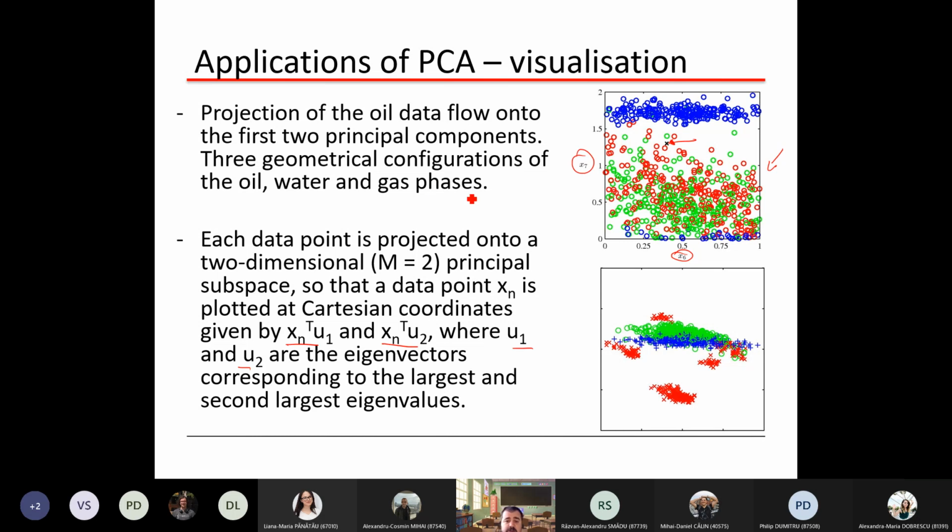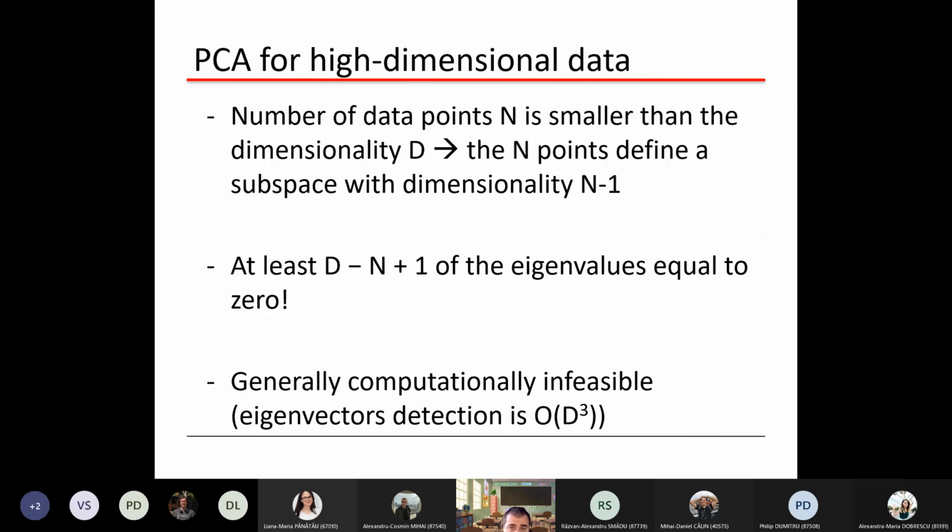And if we have that, then when representing the data points, we will see something like this. So out of this representation, where we don't get much of the structure of the data, we get to a much easier to interpret representation, considering the projection of the data for the visualization. Now, these are some applications that PCA proved to be useful at.